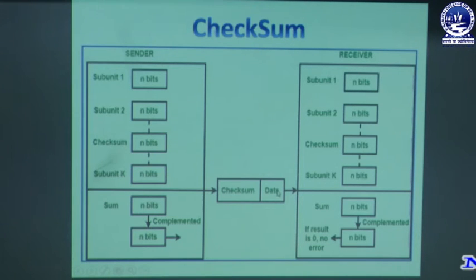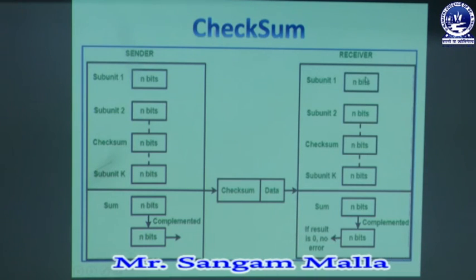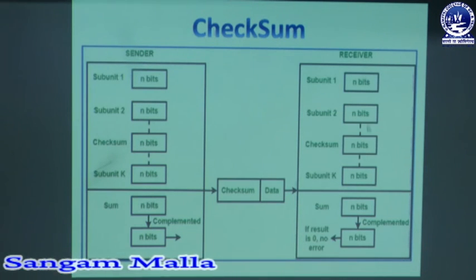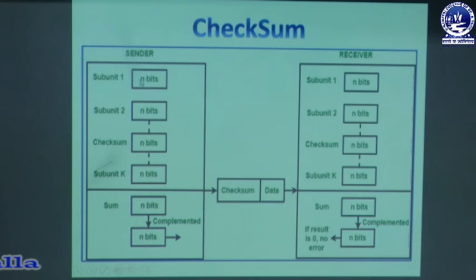The data will be transmitted, and the data the receiver receives will again be divided into n-bit units, as we have equal numbers of bits. At that time the checksum will also be calculated. After adding all the n bits, we complement the sum.